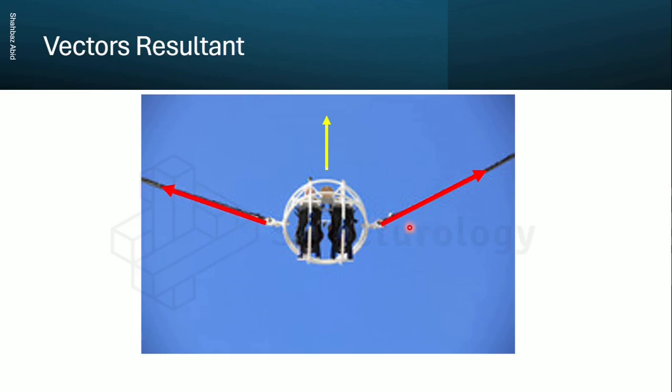Now this elastic rope wants to bring the capsule towards the right, and this elastic rope wants to move the capsule towards the left, but the combined effect of these two elastic ropes at the same time is going to produce a motion upward. So this yellow arrow is actually the resultant of these two vectors, and hence the resultant is a combined effect of vectors.